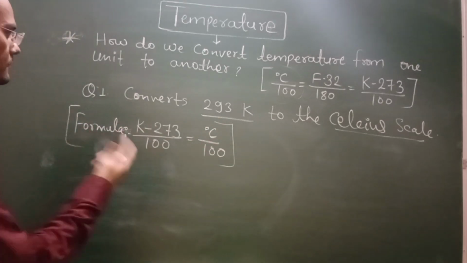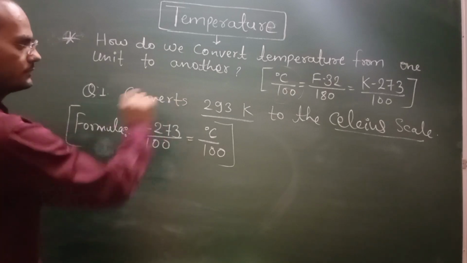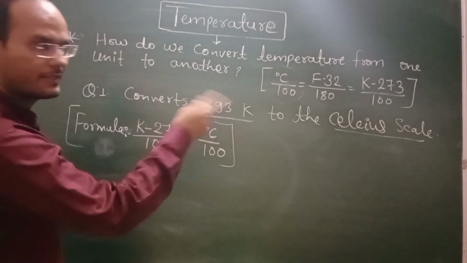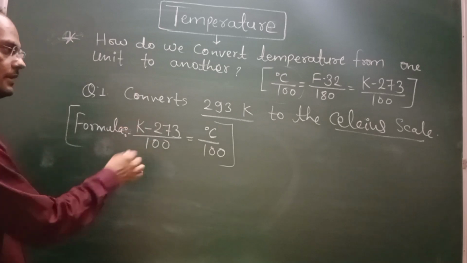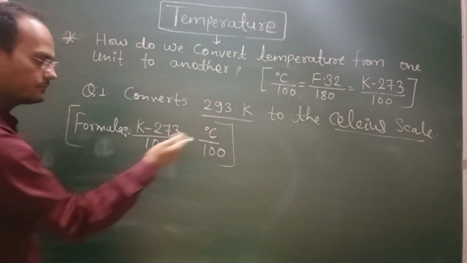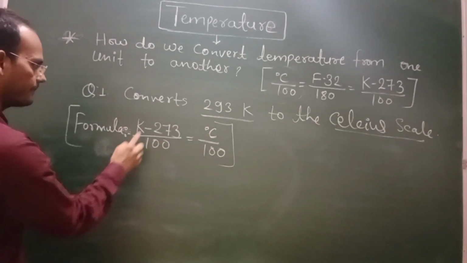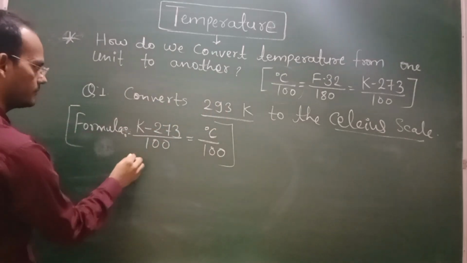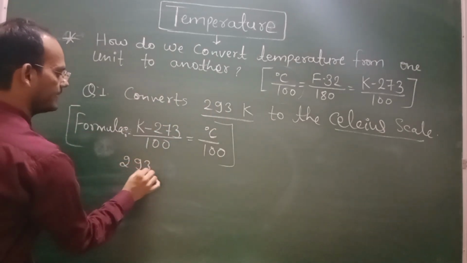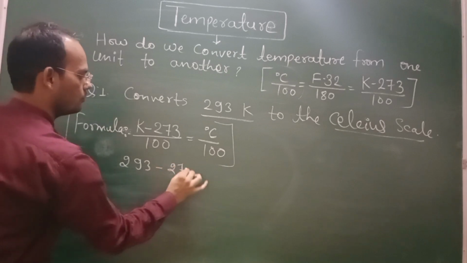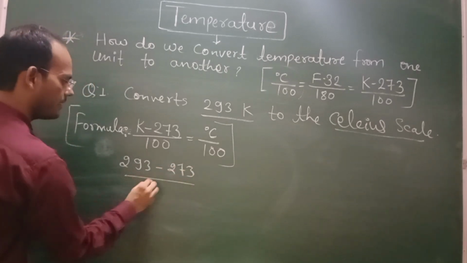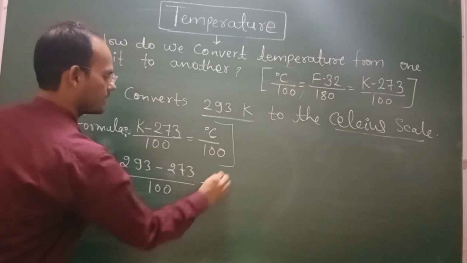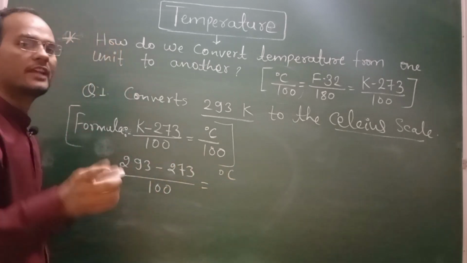Now we can change the temperature 293 Kelvin to degrees Celsius. How? Only put the given value in place of K. K is given in the question. So (293 minus 273) divided by 100 is equal to degree Celsius, which we have to find out.